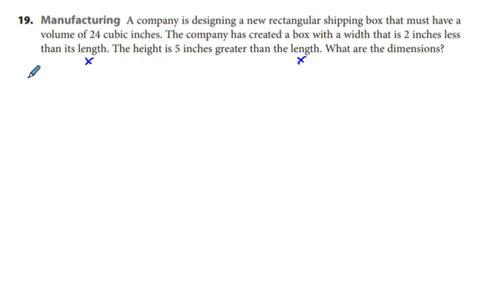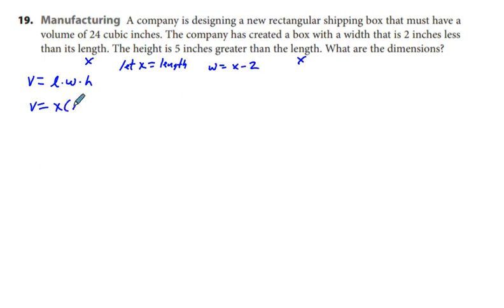Volume is equal to length times width times height. And if we say let x equal length, we have our volume is equal to x for the length, and then we have a width. It says width that is 2 inches less than its length. So width equals x minus 2.